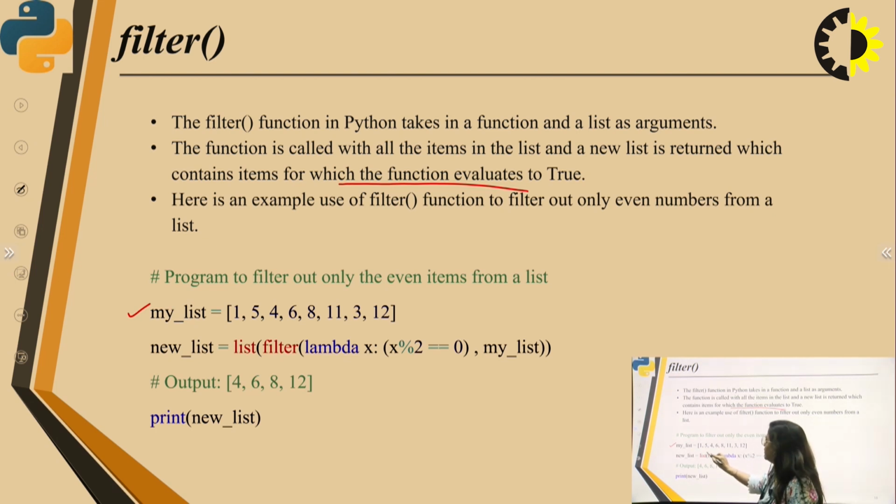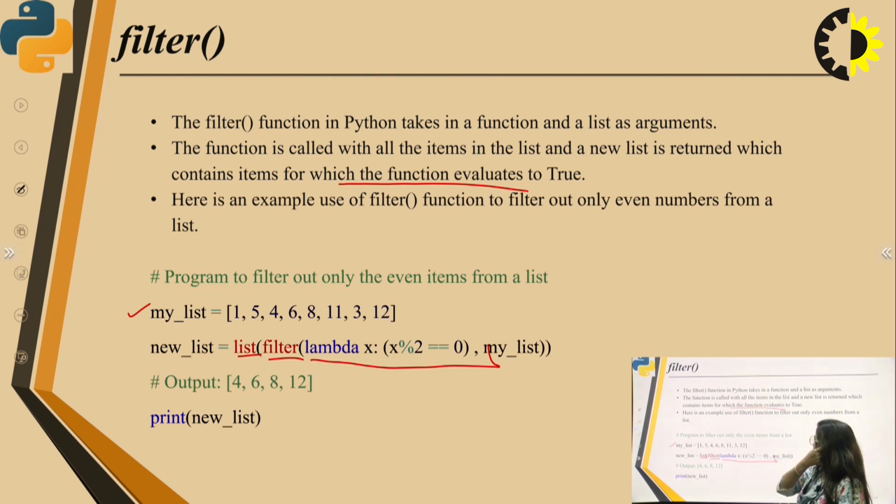The filter function can also be used with any type of data, like lists, tuples, dictionaries. Here the list is used and the filter function is applied, with the lambda syntax: lambda x: x % 2 == 0. Here we find out whether a number is even or odd. So it checks the values one by one, x divided by 2 equal to 0, from this list.